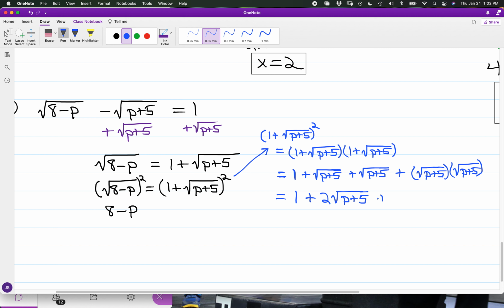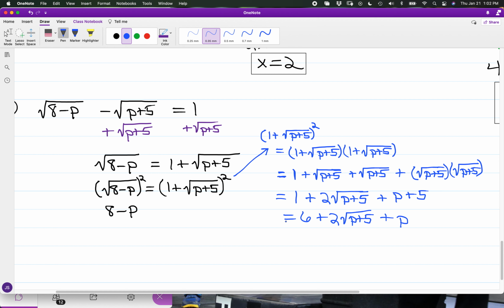And the square root of p plus 5 times itself, think of it like the square root of p plus 5 squared, which will become p plus 5. Putting it all together, 1 plus 5 is 6, plus 2 times the square root of p plus 5, plus p.